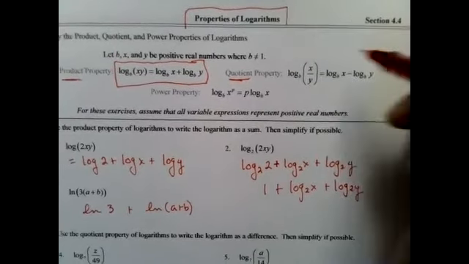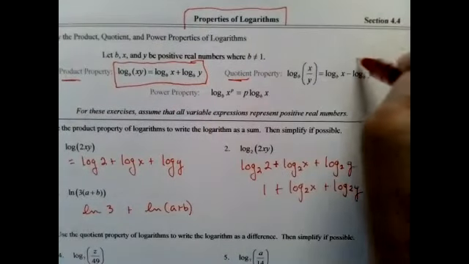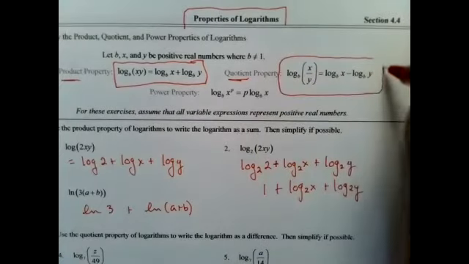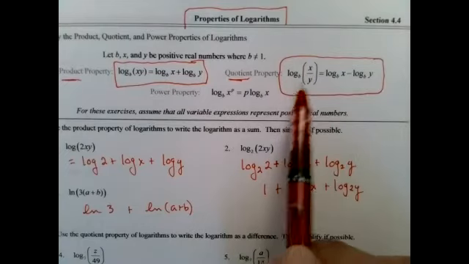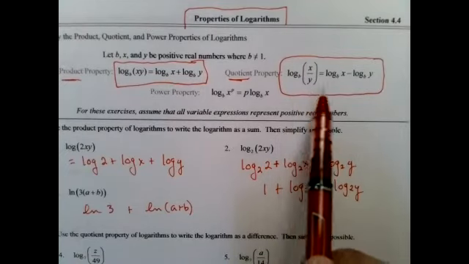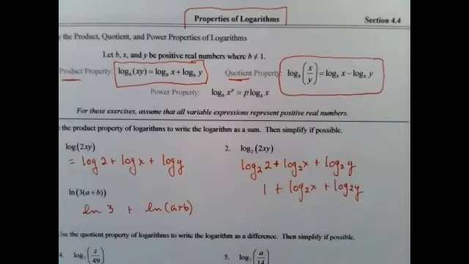Quotient property. Instead of multiplying, what if I now want to divide? Can I rewrite a log of x over y? And the answer is yes. It's the log of the first minus the log of the second.